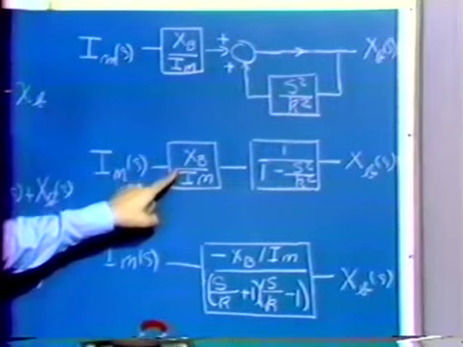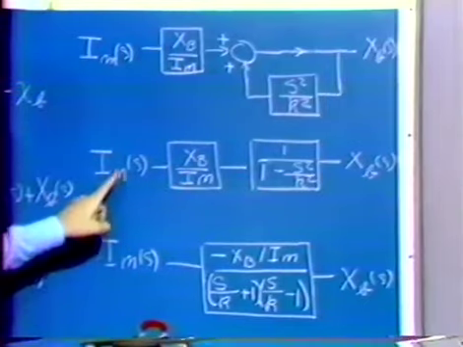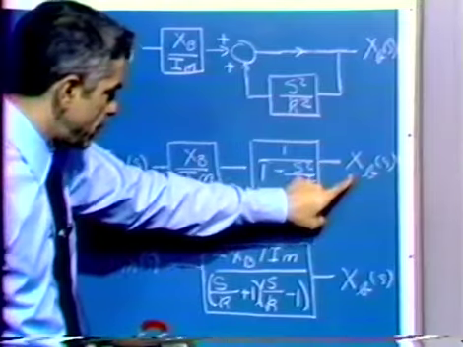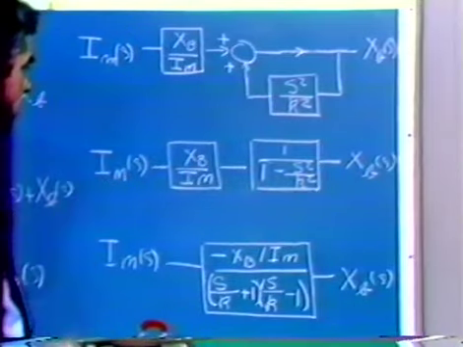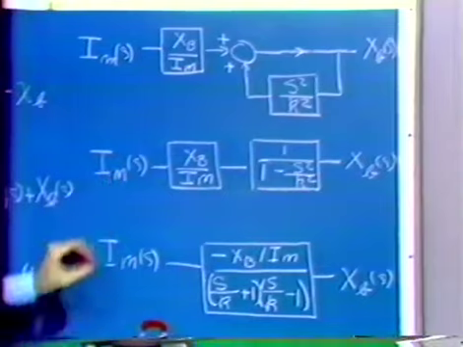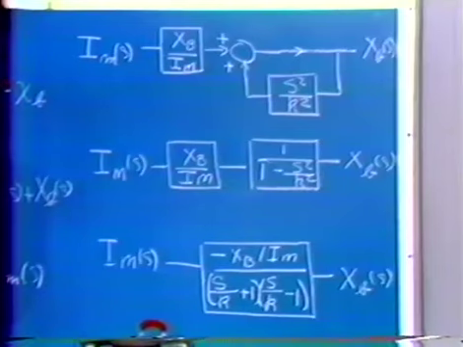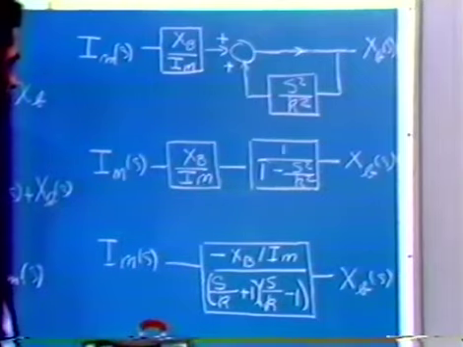We precede that with this block, and we get the overall relationship between ball position and the current in the magnet, or the incremental. This equation, or this block diagram, relates incremental variables since we developed it via linearized analysis. Again, we can rearrange terms just a little bit.